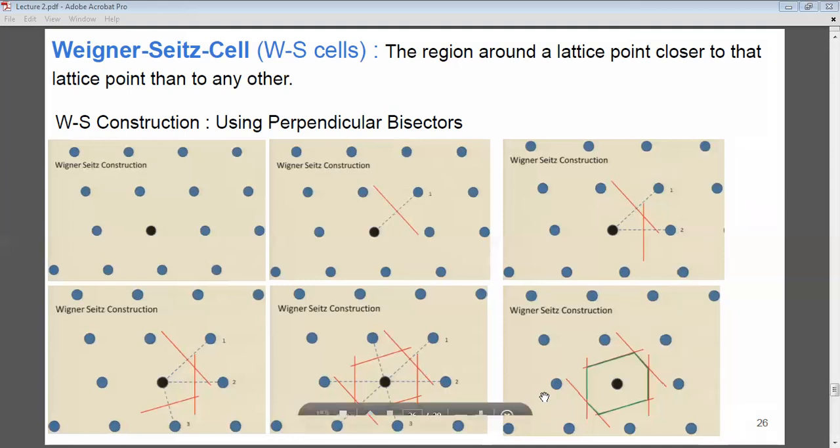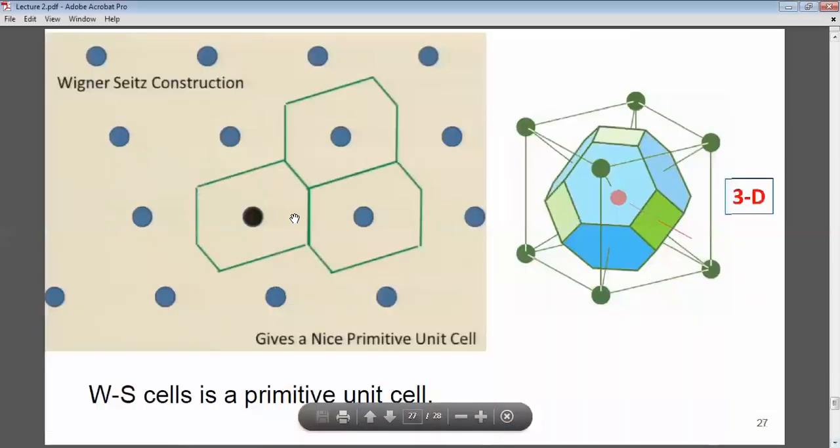And now what I have is this region. I labeled it here in green. Now we have this nice region, which is called a Wigner-Seitz cell, and it happens to be a primitive cell. Why is it a primitive cell? Because it contains exactly one lattice point, and it can tile the whole periodic structure.